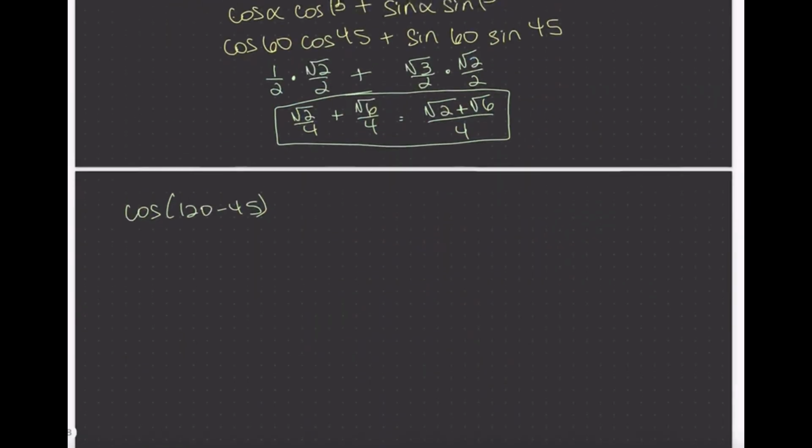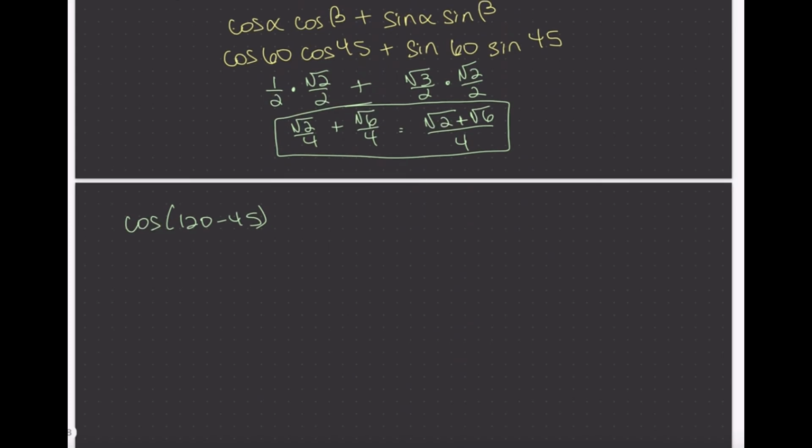All right. So we can start off with our alphas and betas. My alpha is going to equal 120 degrees, and my beta is going to be 45 degrees. So my difference formula for cosine: cosine alpha times cosine beta plus sine alpha times sine beta.